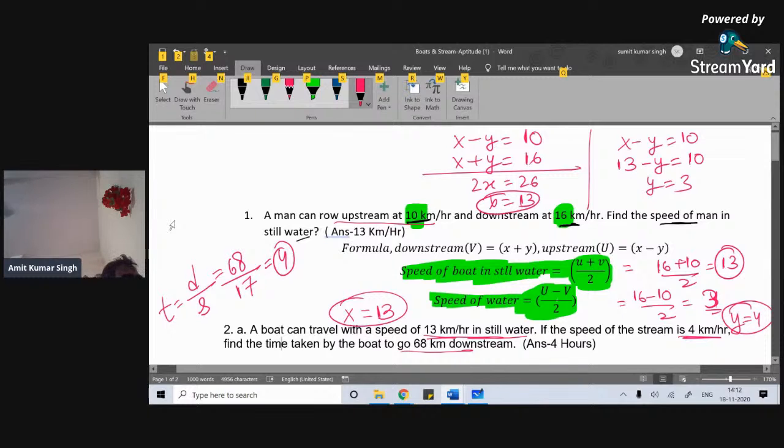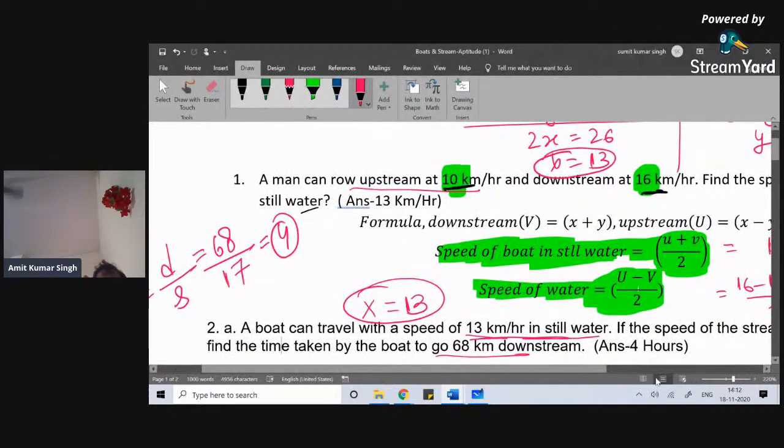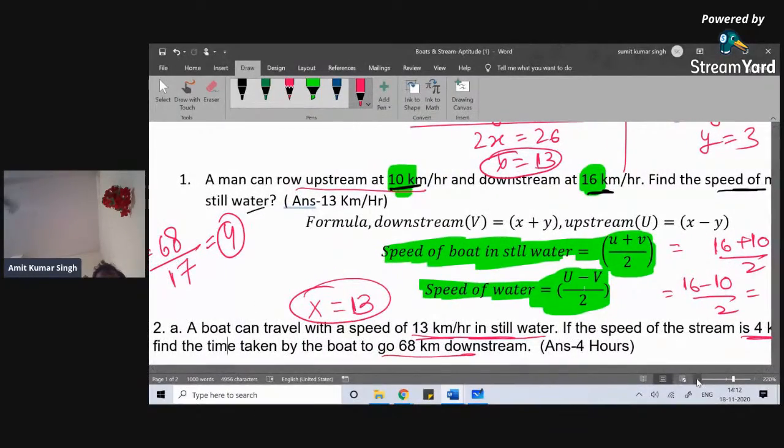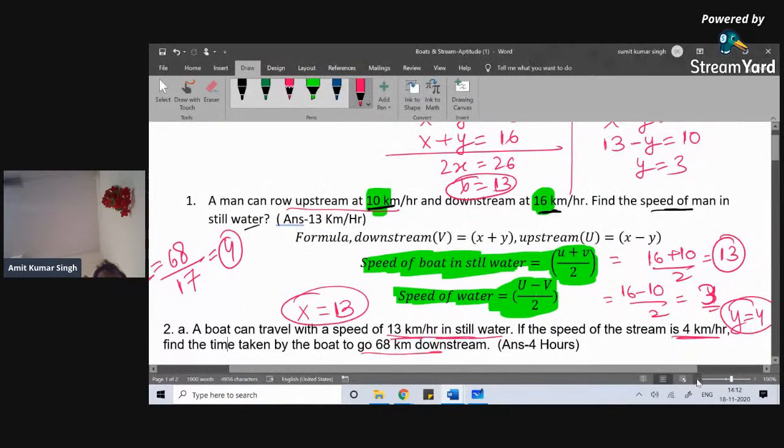Guys, am I audible? Okay, everyone, can you see my screen? Okay, Srinivas, can you see the screen? Is this visible, Srinivas, properly?